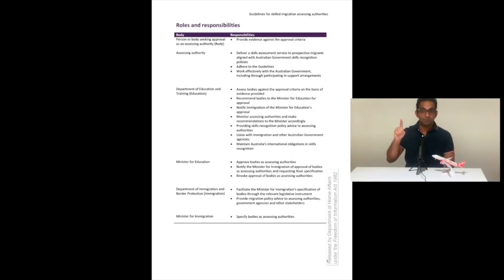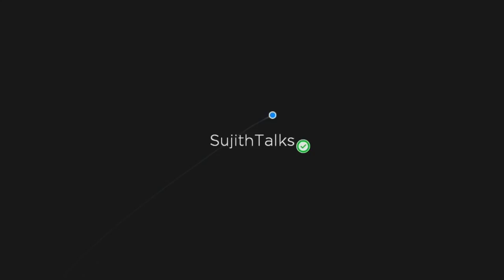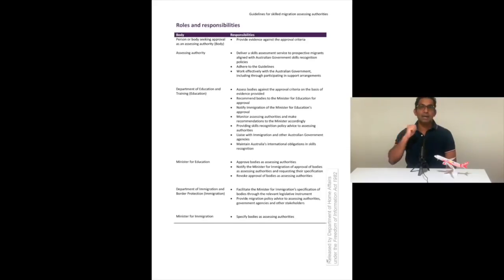One is the Department of Education and Training, one is the Minister for Education, one is the Department of Home Affairs, and then you've got directly the Minister for Immigration. These 4 departments, or people if you like, are coordinating and setting guidelines or monitoring these skills assessment bodies.